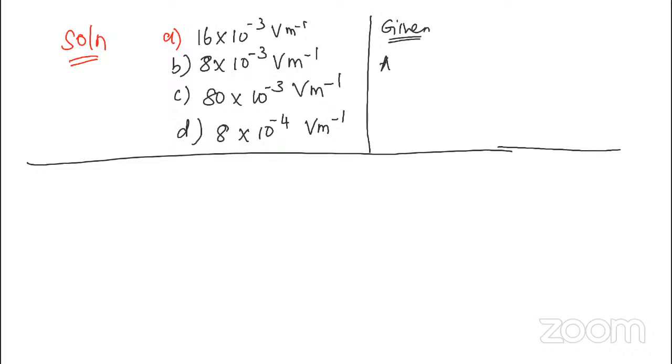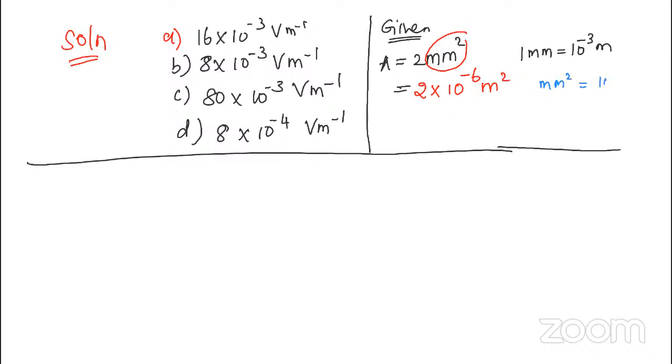A is equal to 2 millimeter square. Per millimeter, how will you write? 1 millimeter is equal to 10 power of minus 3 meter. Here they are given millimeter square, so 2 into 10 power of minus 6 meter square, since millimeter square is 10 power of minus 3 the whole square into meter square.